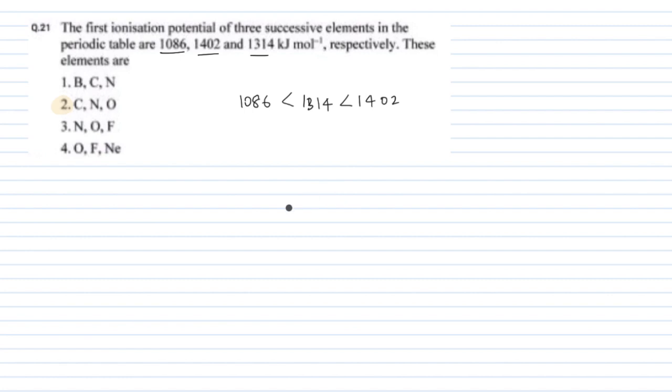Now if you are talking about carbon, nitrogen and oxygen, nitrogen has a half filled structure, right? Half filled electronic configuration. The p orbital is half filled over here. So you will have the highest ionization energy, or ionization potential, for this. So this particular highest value will correspond to this.